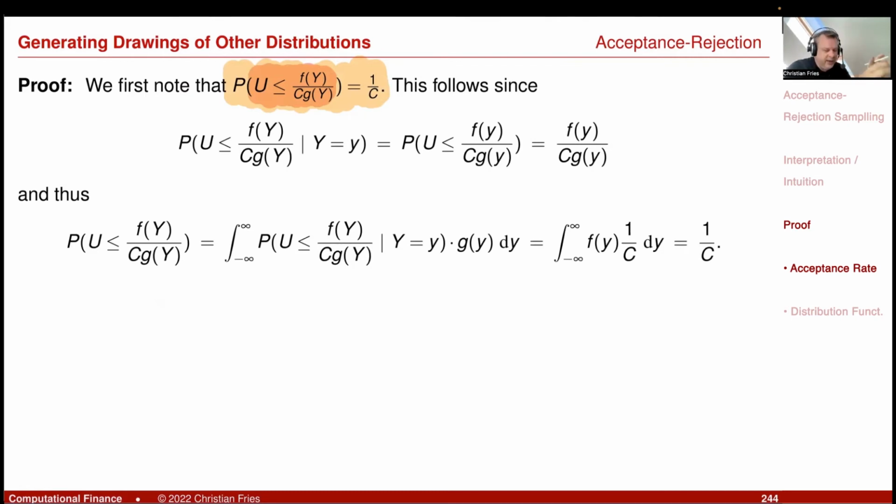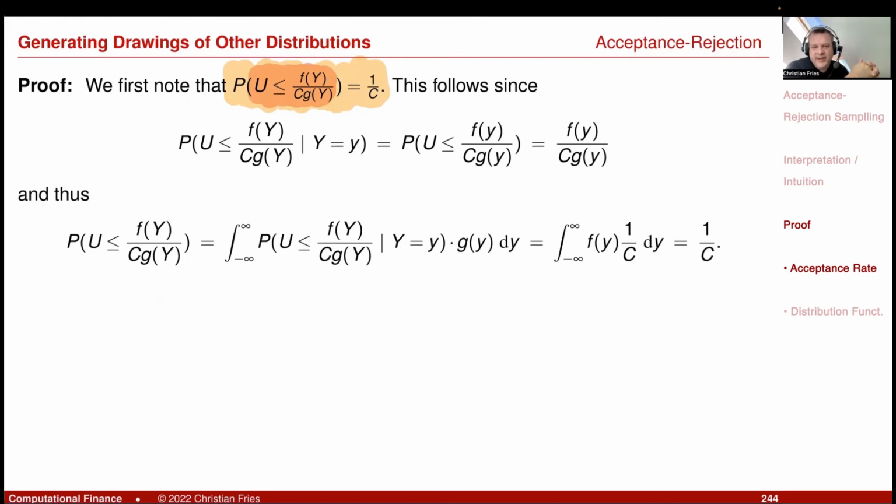Note that I'm writing this in terms of random variables. This is my uniform random variable, this is my g-distributed random variable Y. So this is a probability in the two-dimensional space. This is the probability that I accept the point. And the first observation is that this is equal to 1 divided by C.